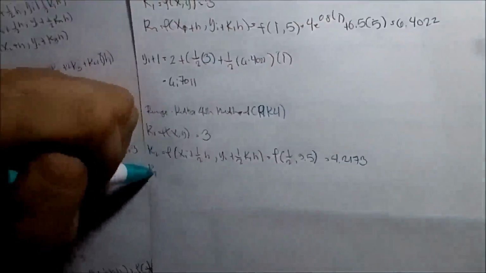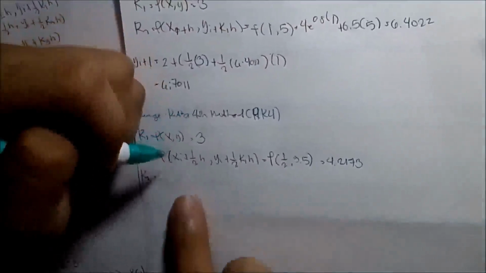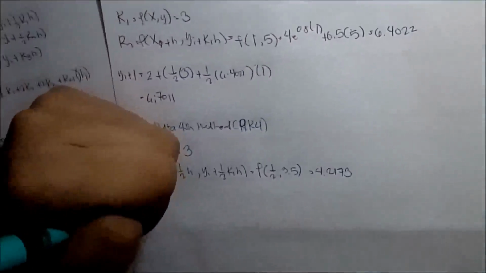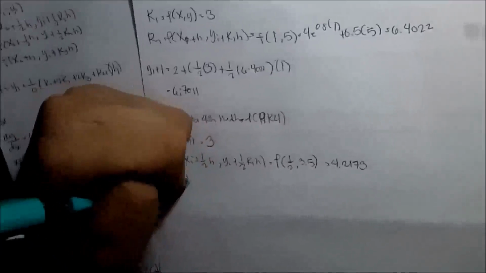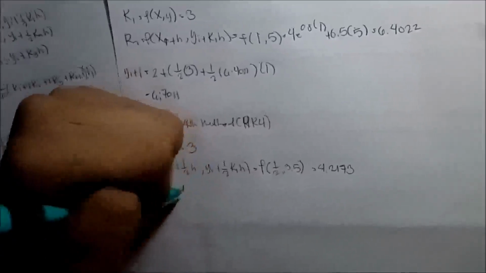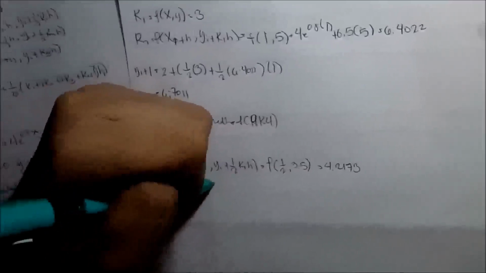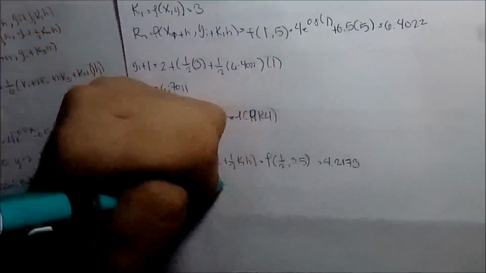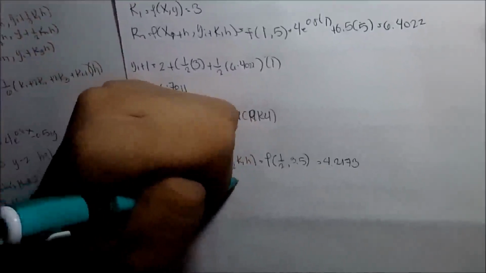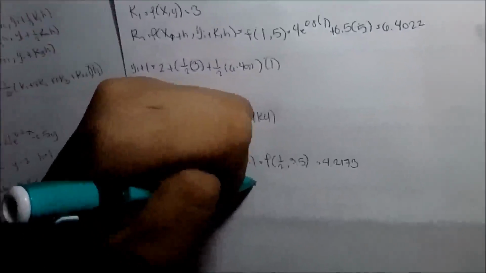K2, K3, the same with this formula. The f of x equals f of x and y equals 1/2, 4.1087. The answer will be 3.9189.